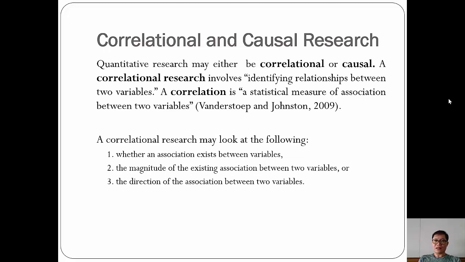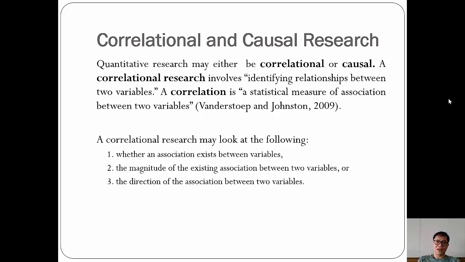Correlational and causal research. Quantitative research may either be correlational or causal. A correlational research involves identifying the relationship between the two variables. A correlation is a statistical measure of association between the two variables. They must be associated with each other. Okay? A correlational research may look at the following.